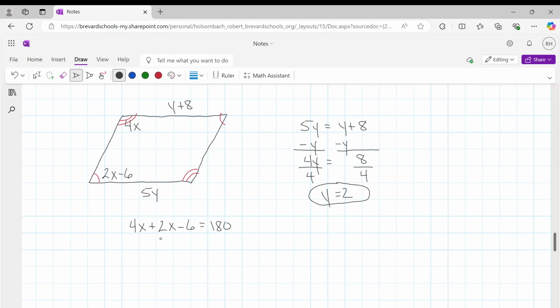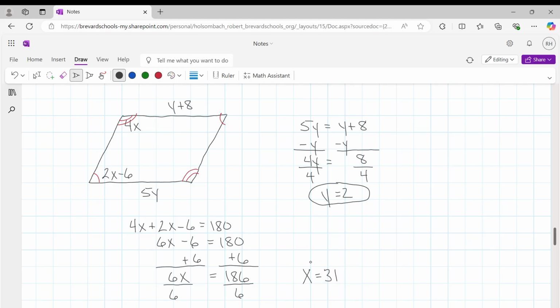So the 4x plus the 2x is 6x minus 6 is equal to 180. And add 6 to each side. And 6x is equal to 186. Divide both sides by 6. And x equals 31.